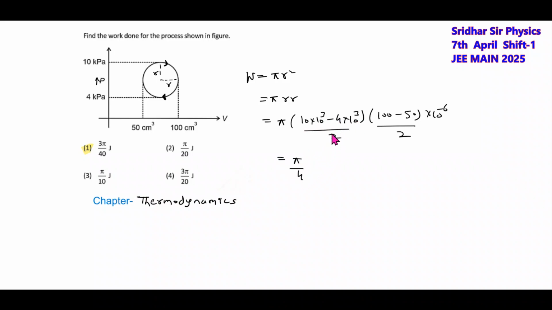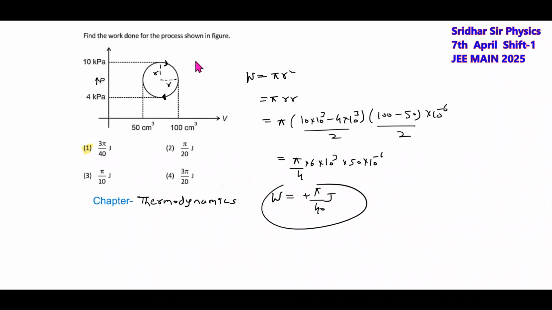Pi by 4, this will be 6 into 10 to the power of 3, and this will be 50 into 10 to the power of minus 6. 6 fives are 30, so pi by 40 joule. This is basic, and it's a positive work done.